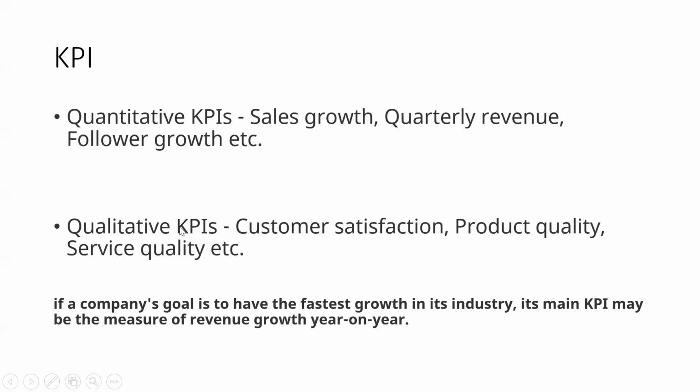Similarly, we have qualitative KPIs as well, just like customer satisfaction index, product quality. So they can tell us this, and we need to create the graphs in such a way that our graph is able to tell the story on top of customer satisfaction. Maybe how can we design it?